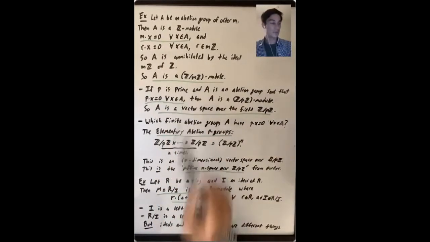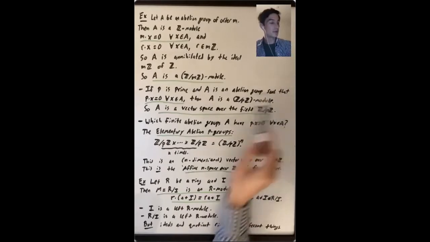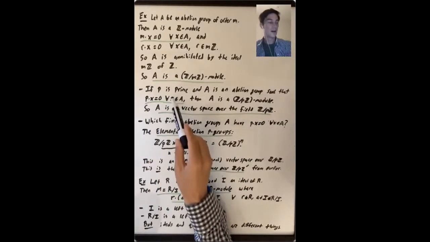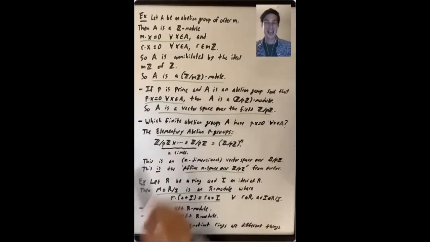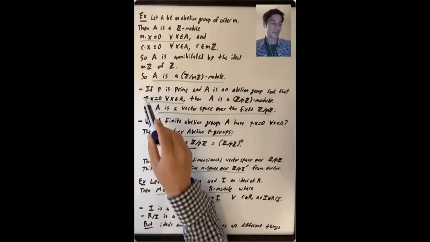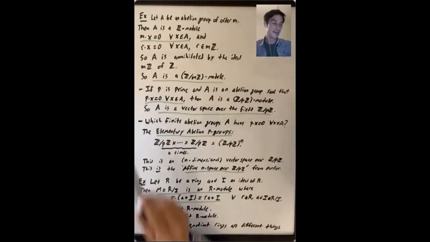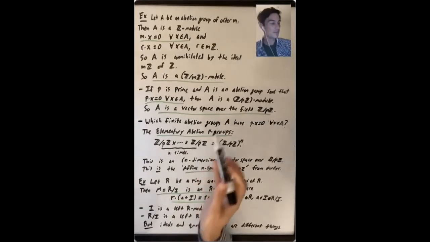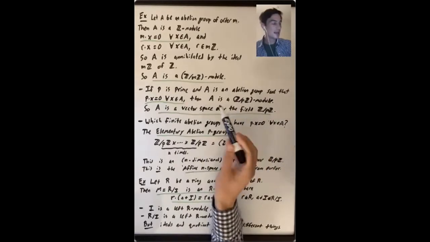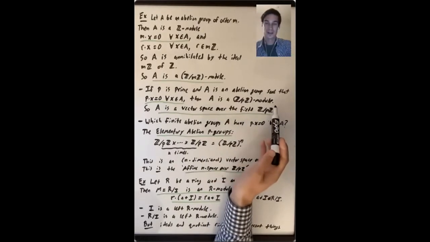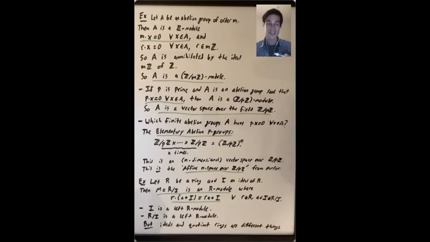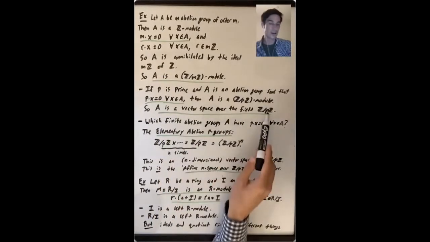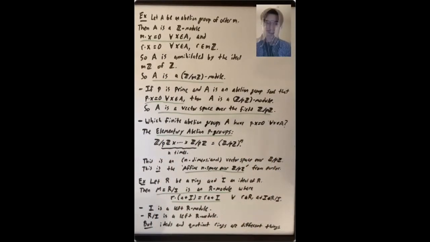So pick a prime number P and say that A is an abelian group such that P.x equals 0 for all x in A. I keep saying P.x, r.x, but really this is the same as the exponential notation like x to the P, or x plus x plus itself P times. So in this case, A is a Z mod PZ module, but Z mod PZ is a field. So A is a vector space over the field Z mod PZ.